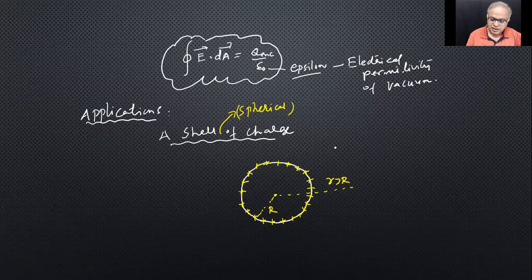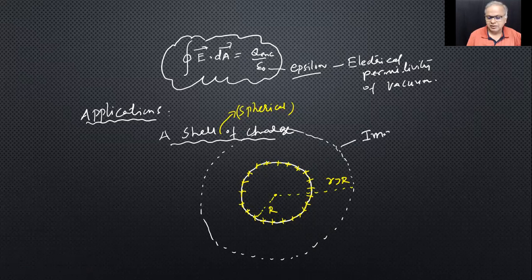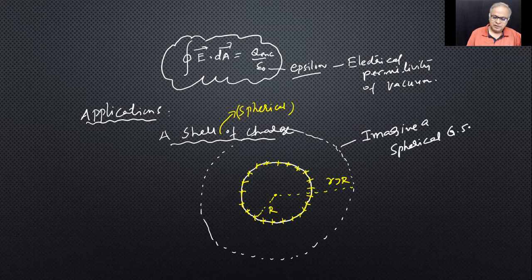For that, I'll imagine a spherical Gaussian surface. A spherical one we'll imagine, because from symmetry, E will be all over the same.